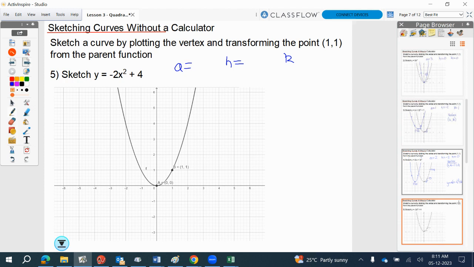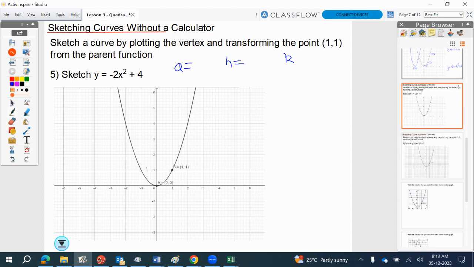What do we get for a, h, and k? Excellent. Is it this? This is wrong.